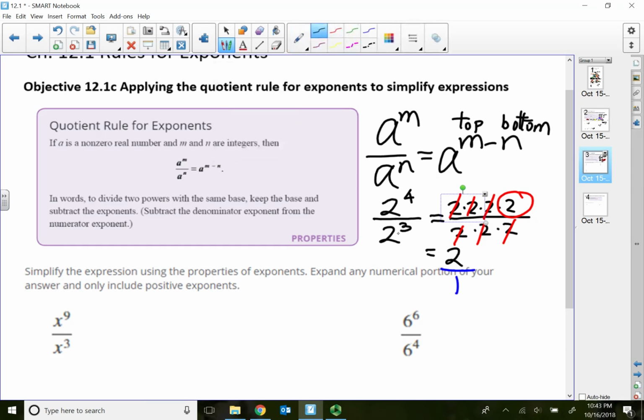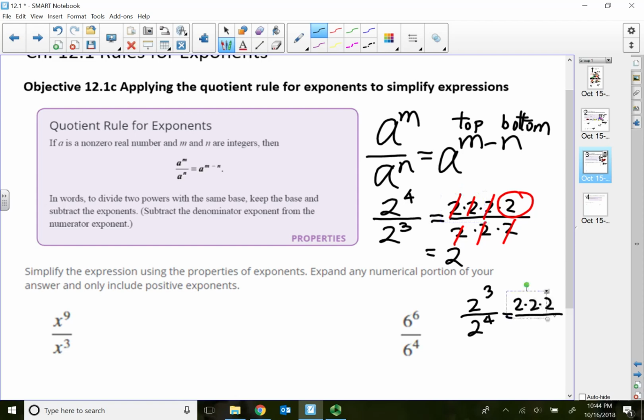Vice versa, for example, if I had 2 to the third on top over 2 to the fourth in the bottom, now I have three 2's on top, four 2's in the bottom. When they cancel out, I should have only one 2 left in the bottom, because the bottom has one extra 2 compared to the top.